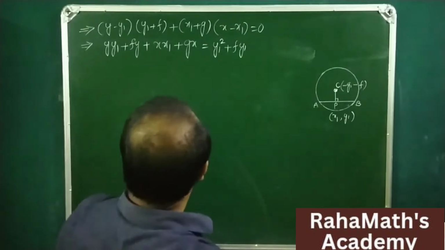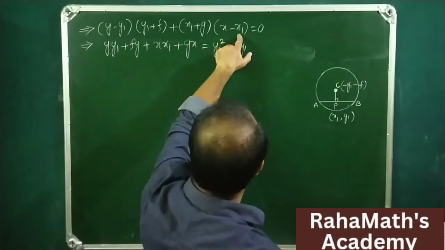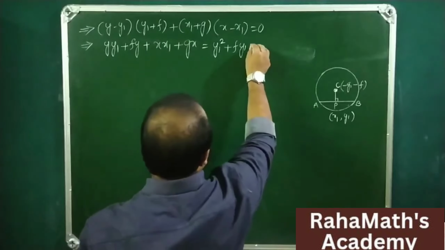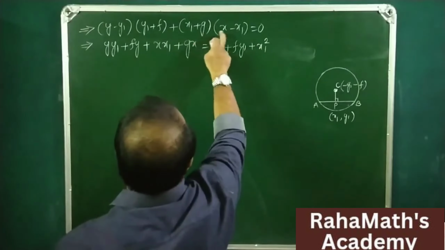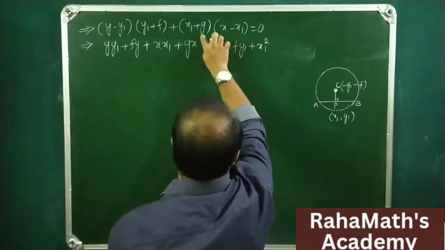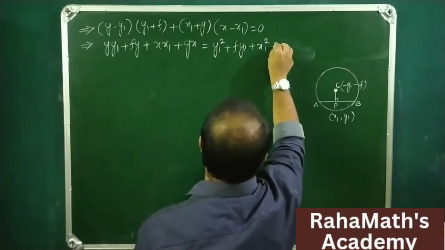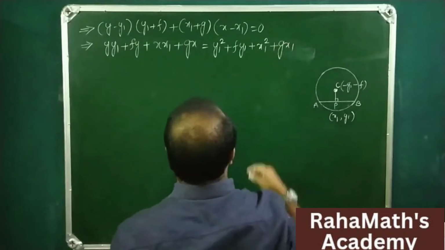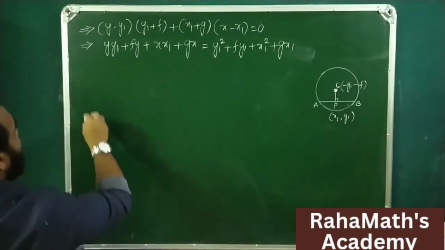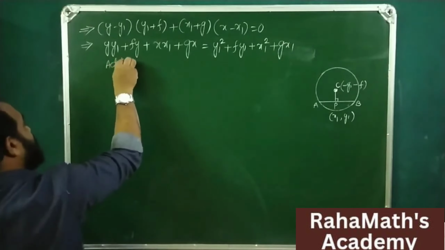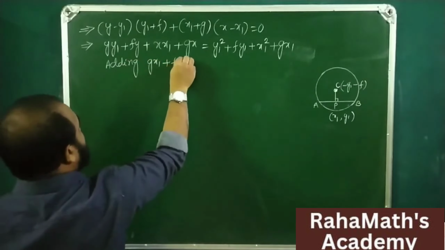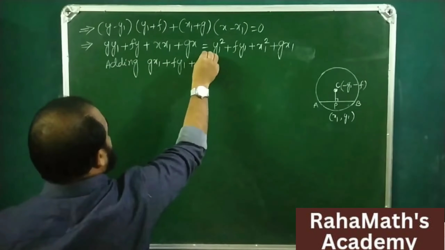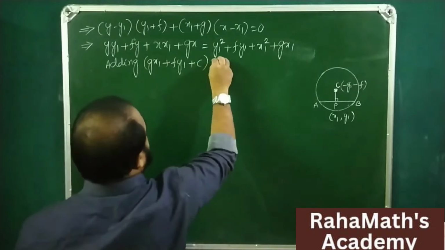Next, this is x1 into minus x1 square. If you take to this side, x1 square. So g into minus x1, minus gx1, if you bring to this side, plus gx1. So adding gx1 plus fy1 plus c on both sides.